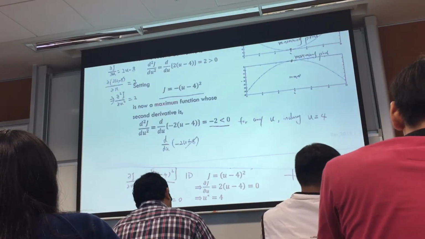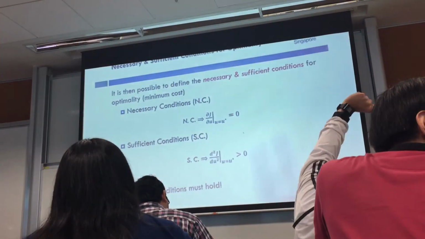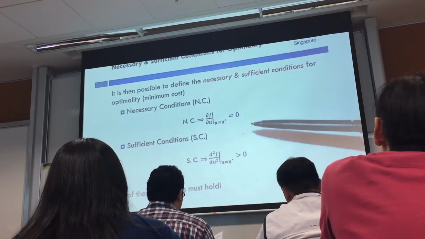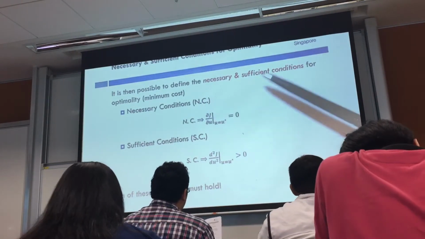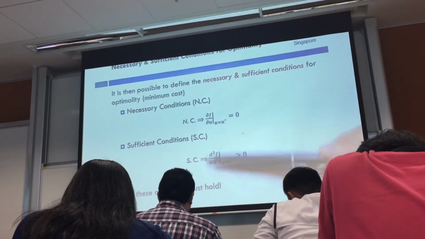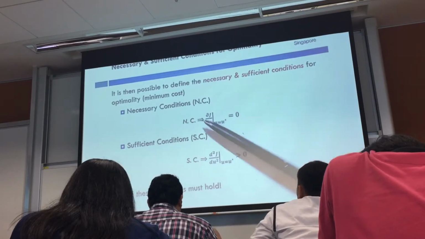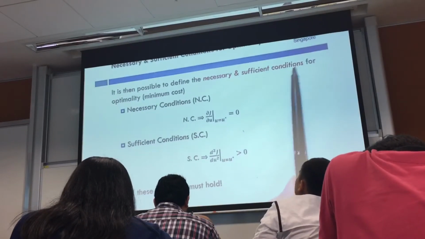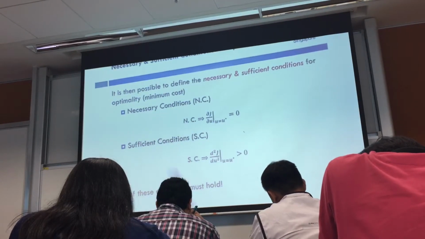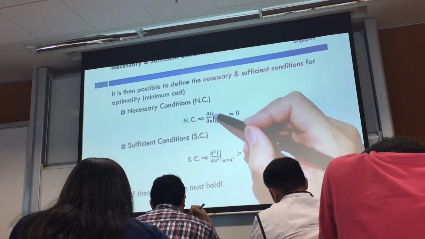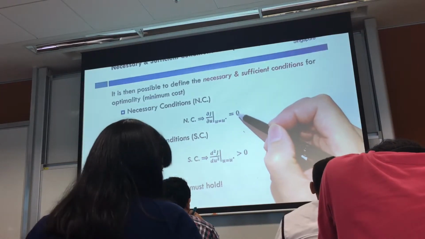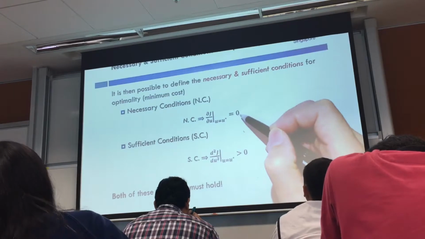Okay, so it's quite straightforward to understand. Now we have our solution to the unconstrained problem. For the unconstrained optimization problem, the method to solve the problem is to evaluate the necessary condition and the sufficient condition. The necessary condition is to evaluate the derivative of your cost function in terms of u and set it equal to 0.